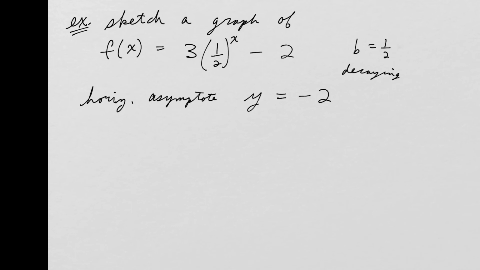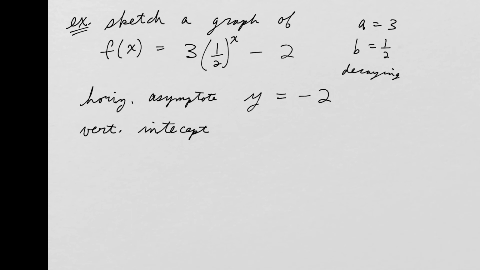And I also know that the vertical intercept is going to be at the point, actually in this case, what's a? A is the 3, right? So 3, b is 1/2 to the x, and c is -2.